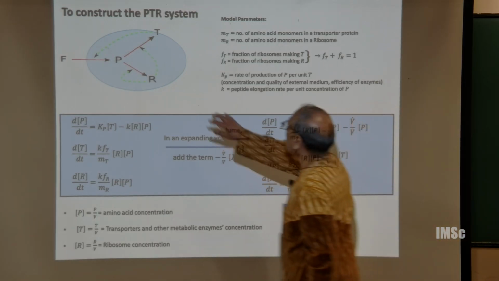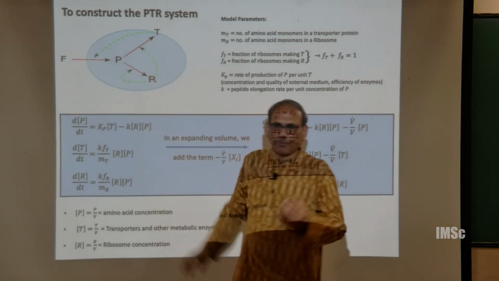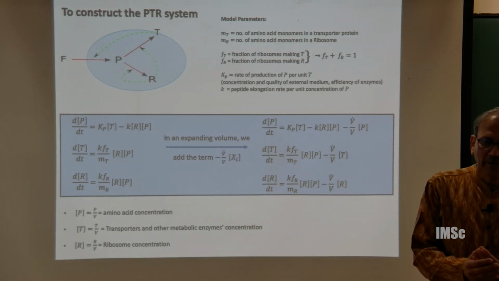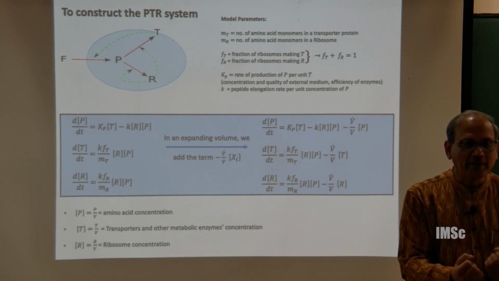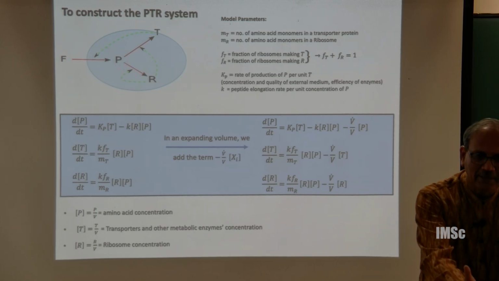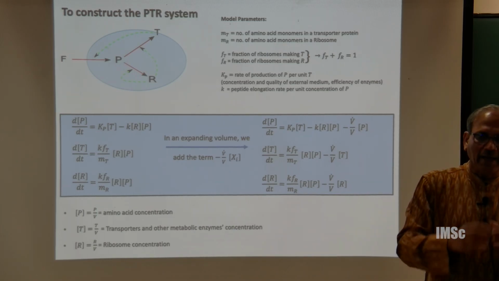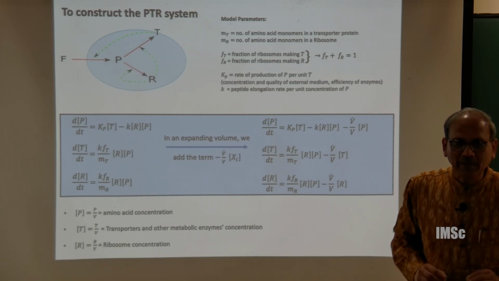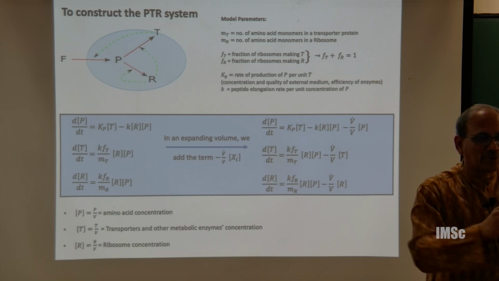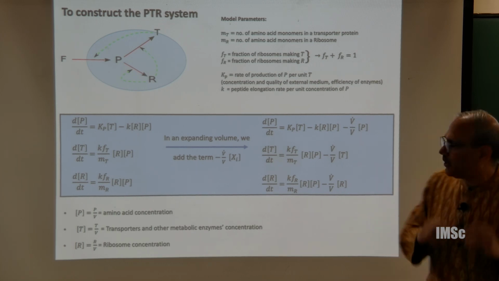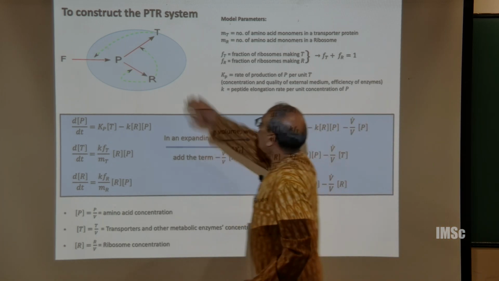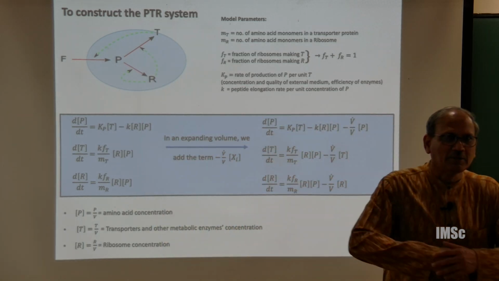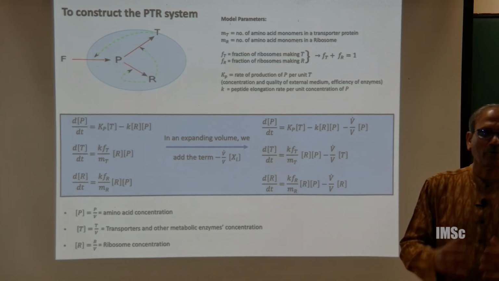T stands for proteins, the population of all proteins in the cell, which are engaged in transporting food from outside the cell into the cell, and then converting it into the precursor molecules. That is the entire metabolic network of small molecules, of metabolites. So all the enzymes, all the proteins which are used there, the pool of that is what we were calling T.